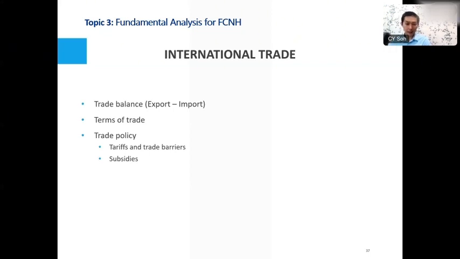So there are a lot of factors to look at in terms of international trade. To put it simply, besides interest rate, international trade does affect the currency movement between USD as well as CNH.